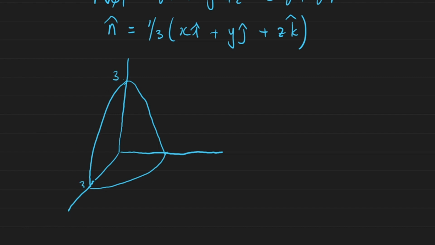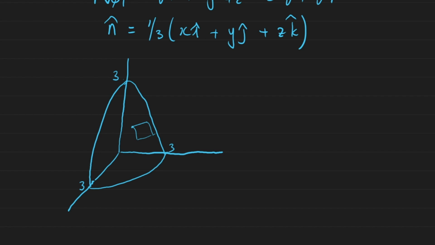Its radius is 3, so it'll be 3 on all of the axes. And now we can consider some kind of differential surface area element. So we'll just take a surface area element like that, and we will try and convert that to spherical coordinates.